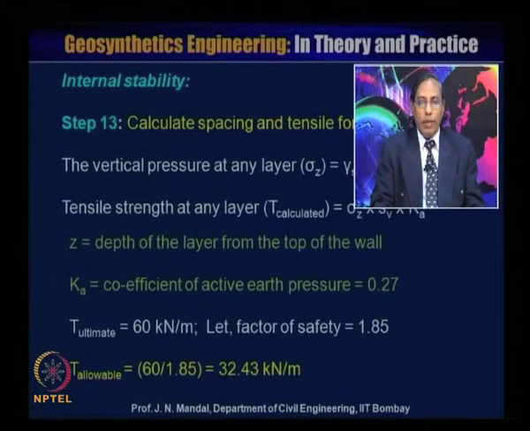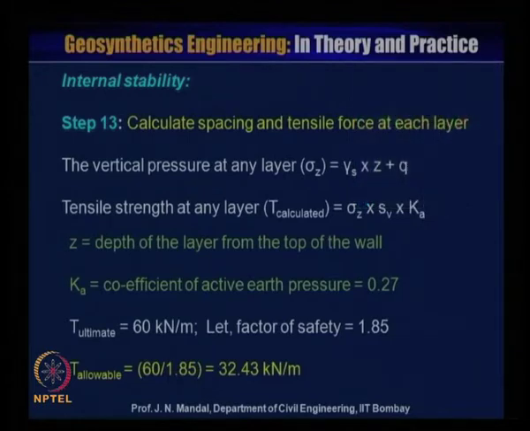Now T ultimate we know is about 60 kilonewton per meter. Let the factor of safety be 1.85. So T allowable will be equal to 60 divided by 1.85, which is 32.43 kilonewton per meter.